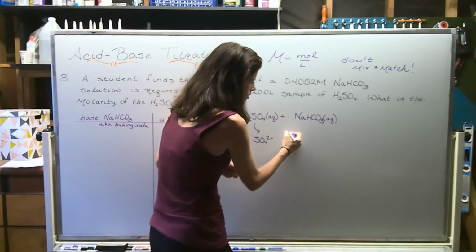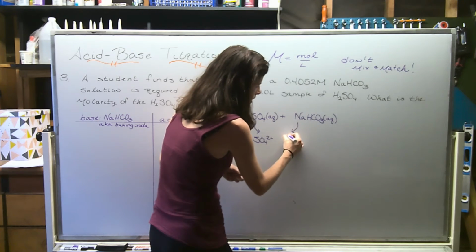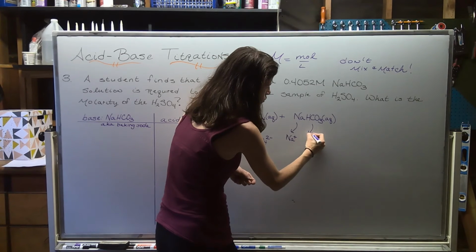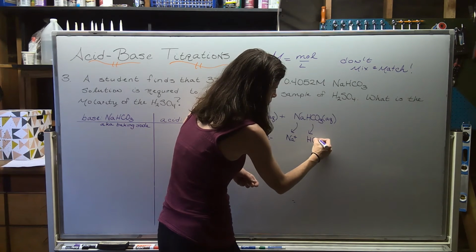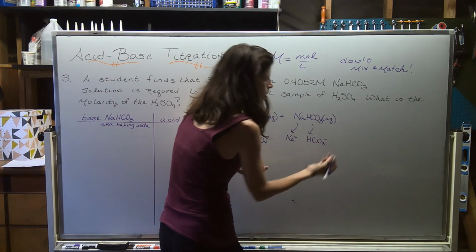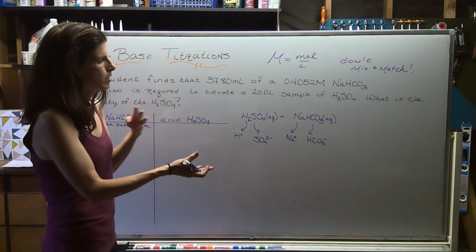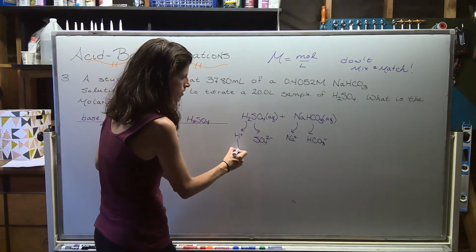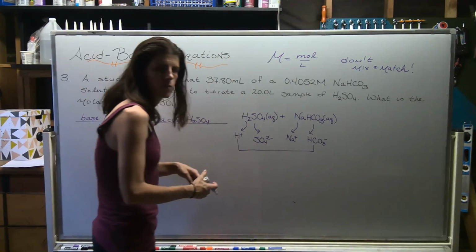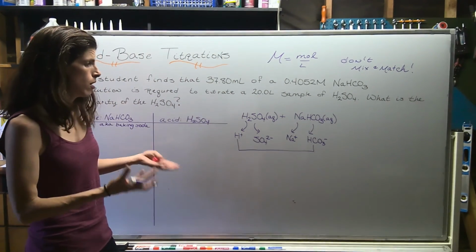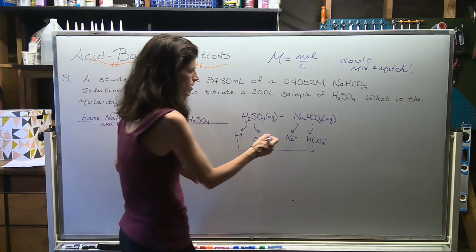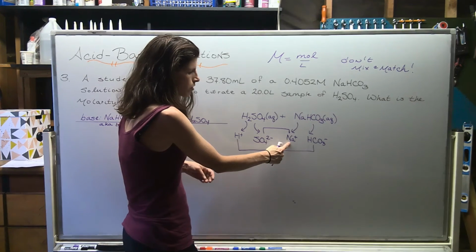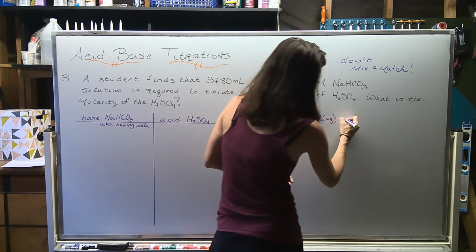So I'm going to take the metal part, the metal ion, and then I'm going to keep this as hydrogen carbonate or bicarbonate. Now I'm going to do-si-do it that way. So this H+ then is going to hook up with the bicarbonate, the hydrogen carbonate, and then we have sodium hooking up with sulfate.